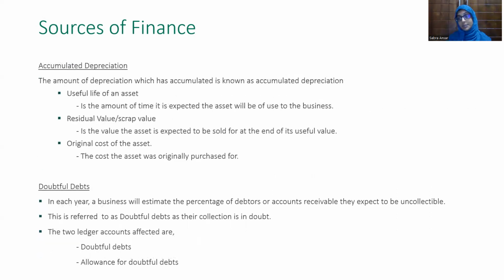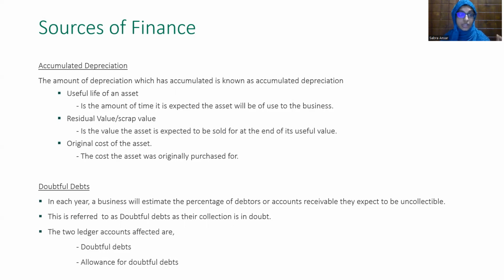So this accumulated depreciation, how do we use it? The useful life of an asset will be used by the business, and the scrap value, the value that the organization will get after the asset's full period of life, will be deducted, and the original cost of the asset will also be included in the accounts.